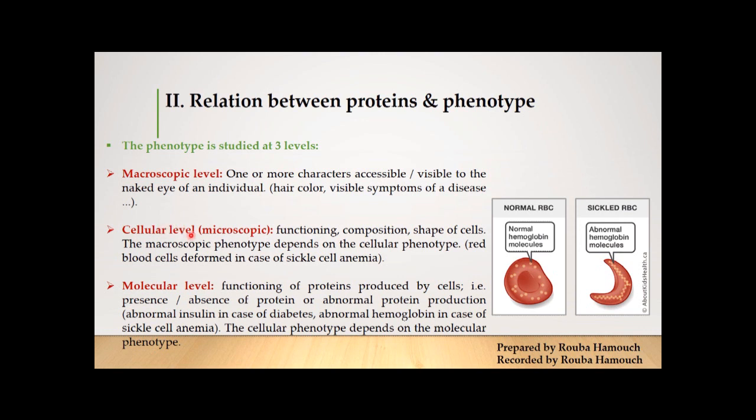The cellular level comprises the functioning, the composition, or the shape of the concerned cells.